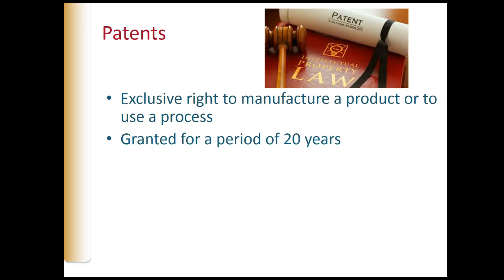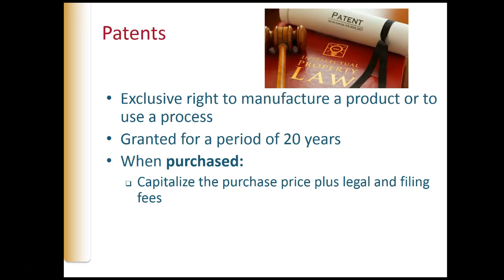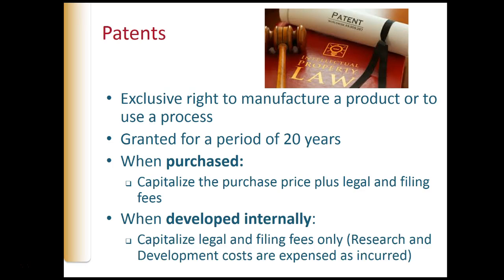Now, a patent is an exclusive right to manufacture a product or to use a process. The U.S. Patent and Trademark Office grants this right for a period of 20 years. When a firm purchases a patent, it records the patent as an intangible asset at its purchase price plus other costs such as legal and filing fees to secure the patent.